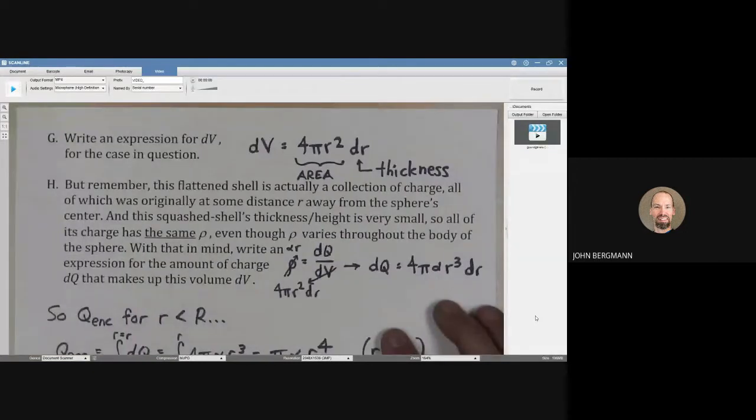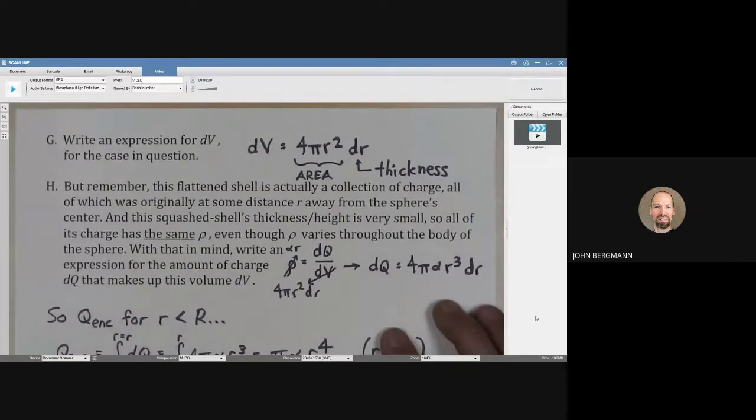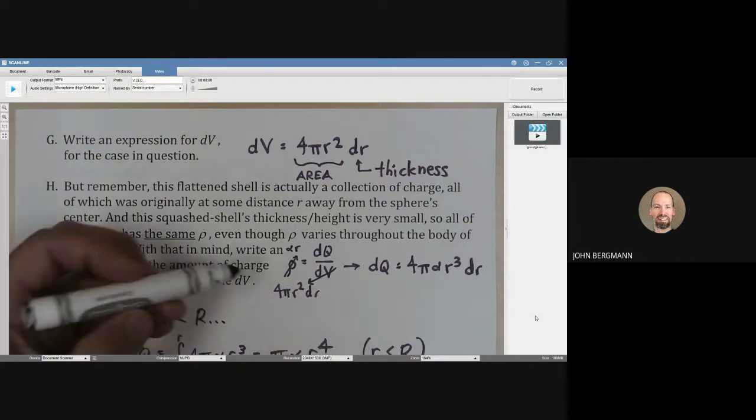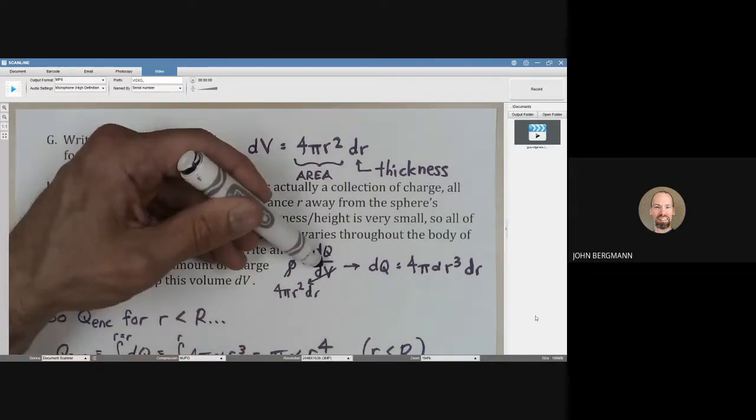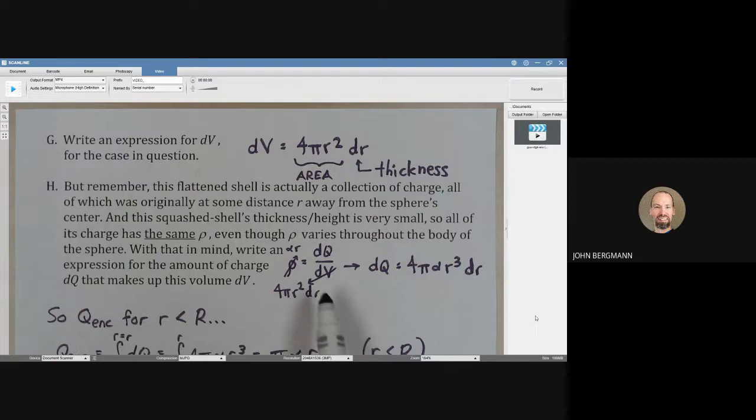Now what we want is the charge that's in that thin shell. If you can read my chicken scratch here, rho in general is charge per volume. So if we want the tiny amount of charge in there, we take rho and multiply by dV.